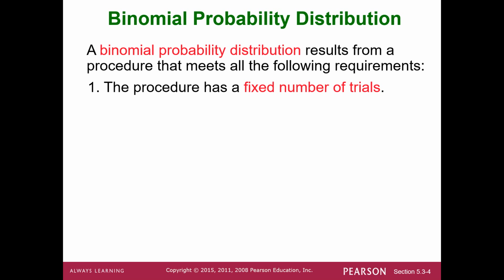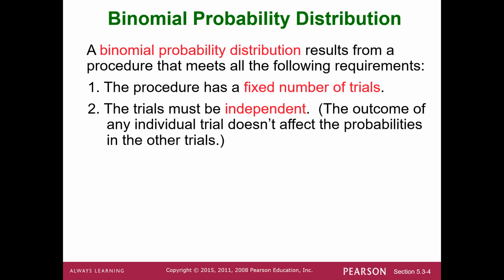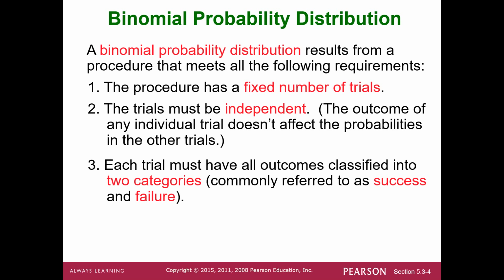So the first requirement is that the procedure has a fixed number of trials. The trials must be independent, and that basically means the outcome of any individual trial doesn't affect the probabilities of the other trials. Each trial must have all outcomes classified into two categories.